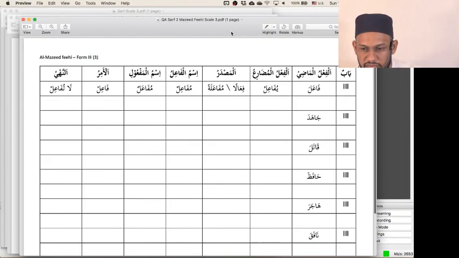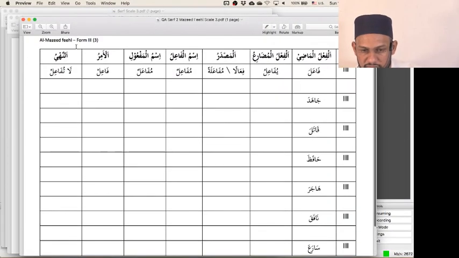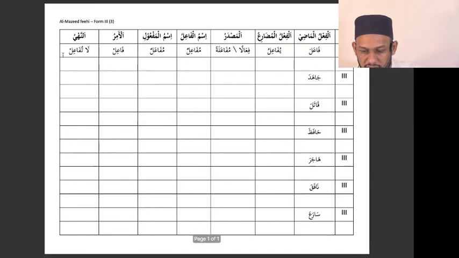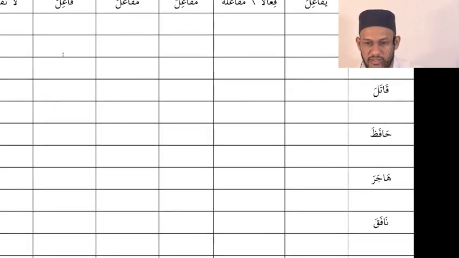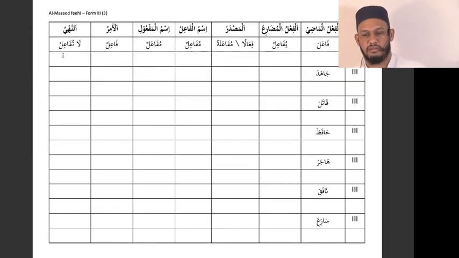Okay, so last week, what we did was, we started a new scale, which is the third scale. So the scale goes like this: فاعل يفاعل فعالا مفاعل مفاعل فاعل لا تفاعل. What we'll do is we'll first just practice the scale.